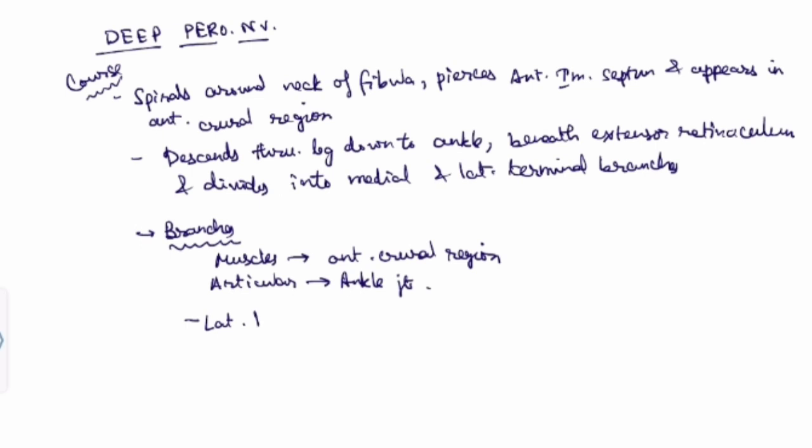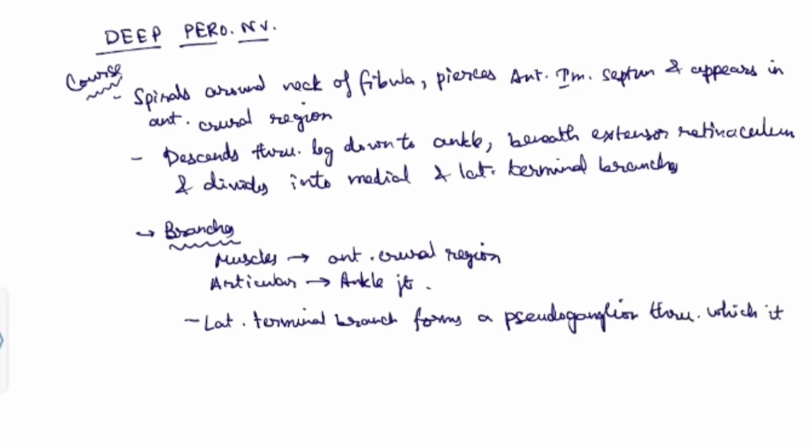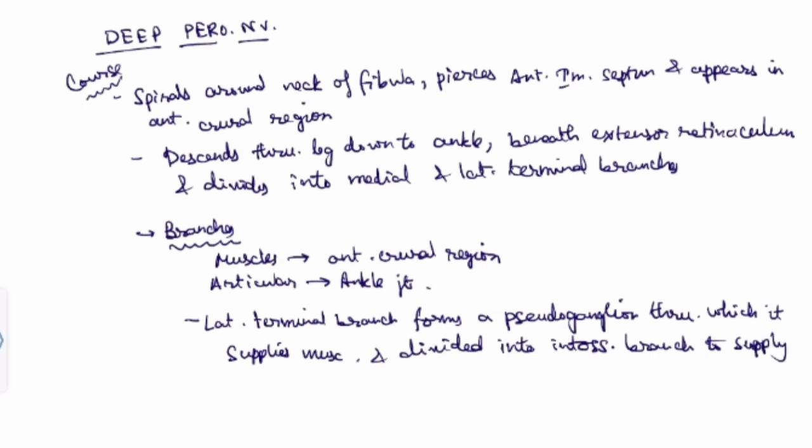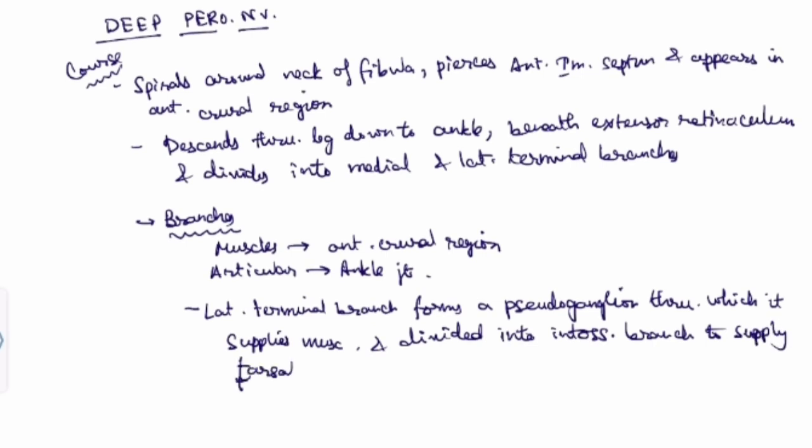Now we'll discuss the branches. The lateral terminal branch forms a pseudoganglion through which it supplies the muscle, and divides into interosseous branches to supply the tarsal and metatarsophalangeal joints of the middle three toes.